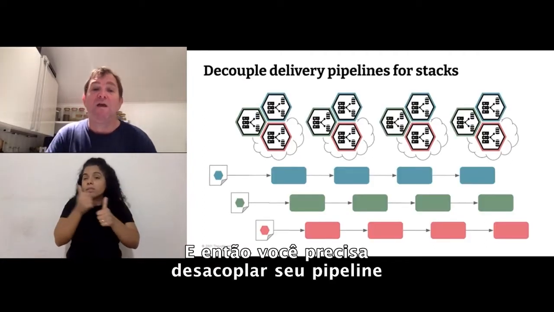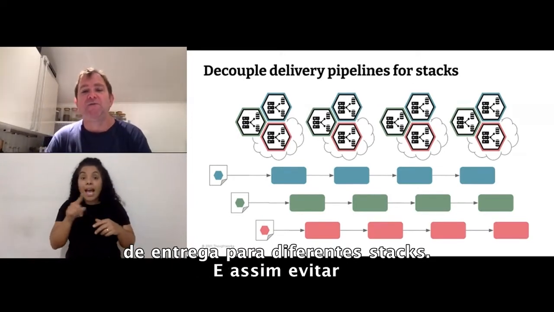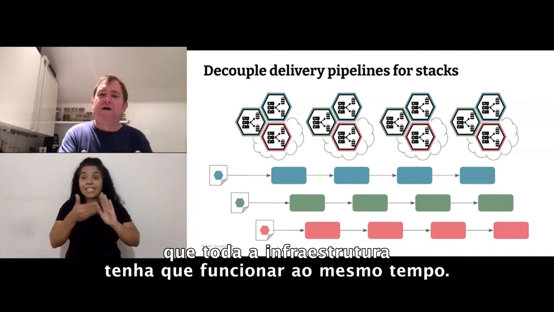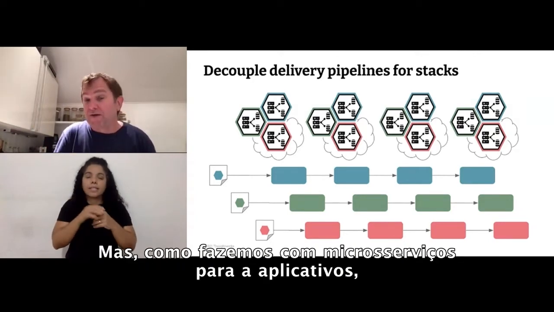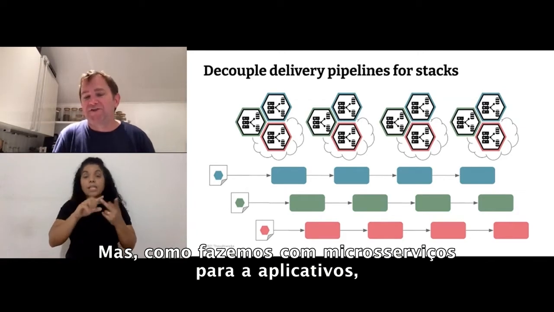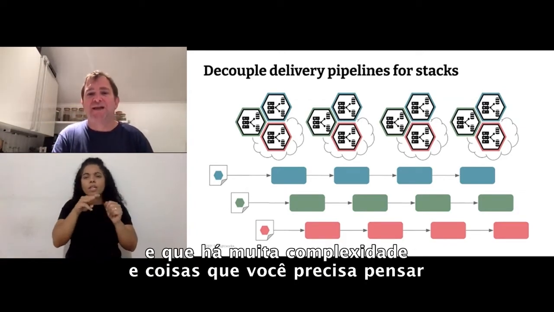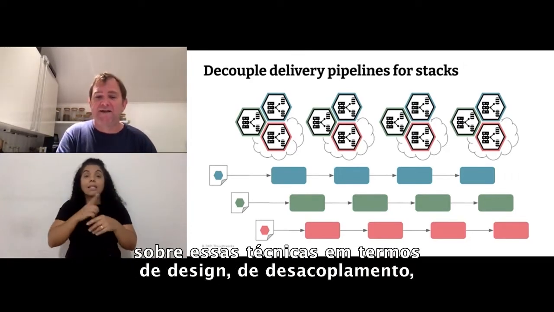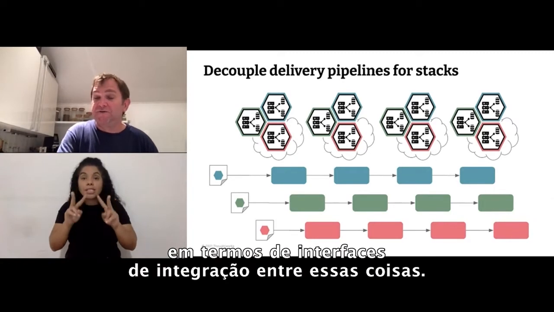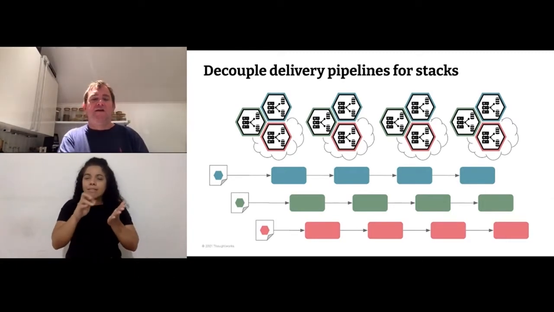And then you'd like to decouple your delivery pipelines for the different stacks. This moves away from having all of the infrastructure go together at once. As we do with microservices for applications, there are techniques, and a lot of complexity and things to think about in terms of design, decoupling, and integration interfaces between these things.